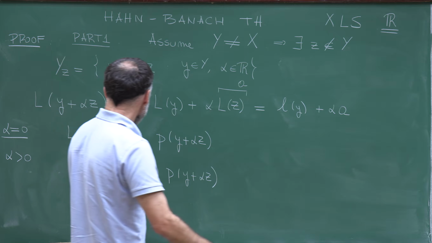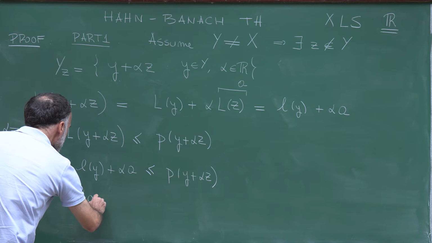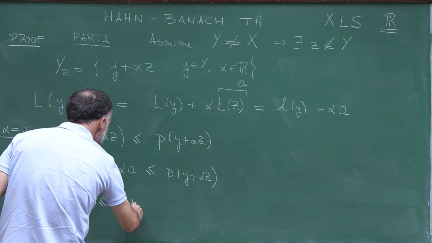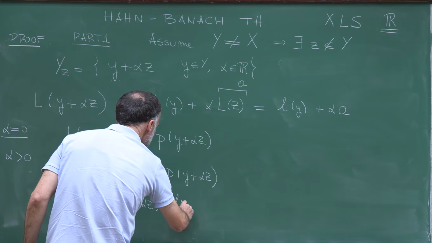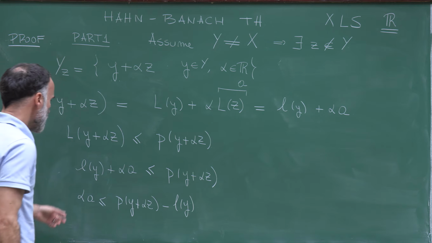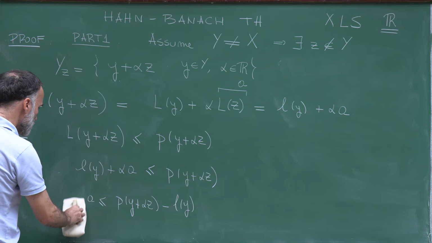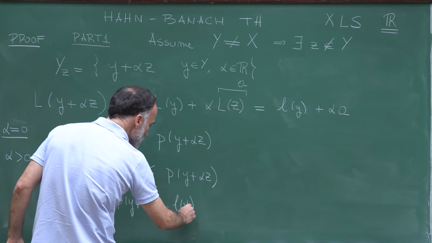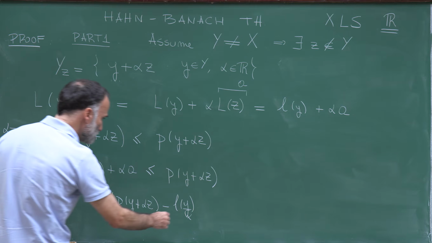And well, this tells me that alpha a has to be smaller than p of y plus alpha z minus l of y. Alpha is positive, so I can divide that by alpha on both sides. l is linear, so I can place the alpha inside l.